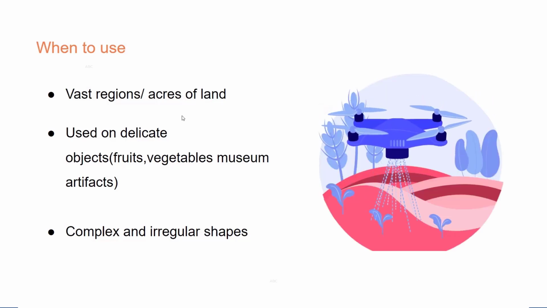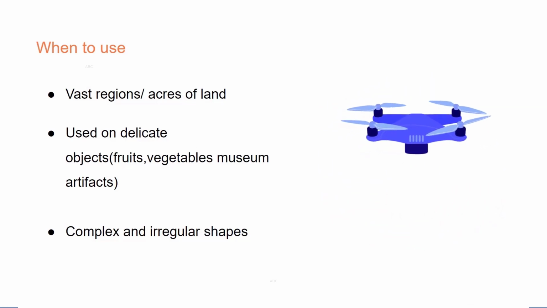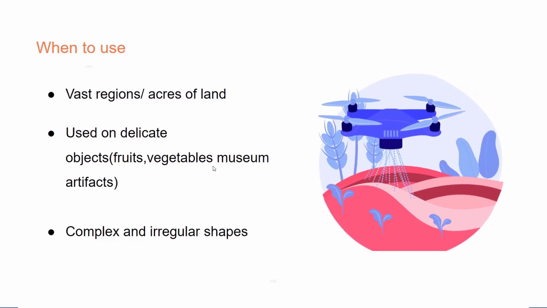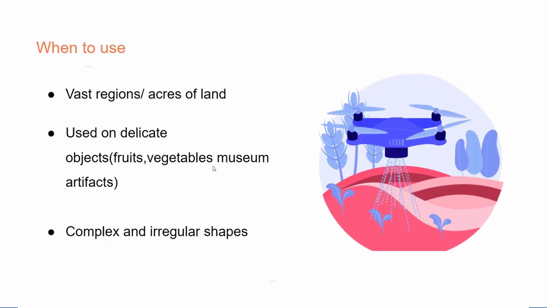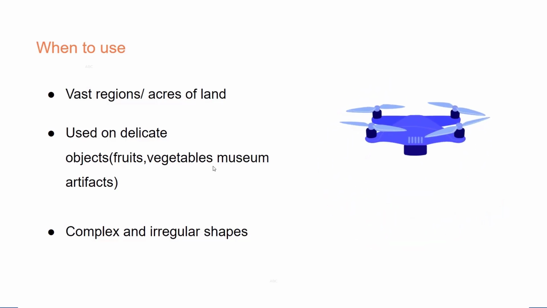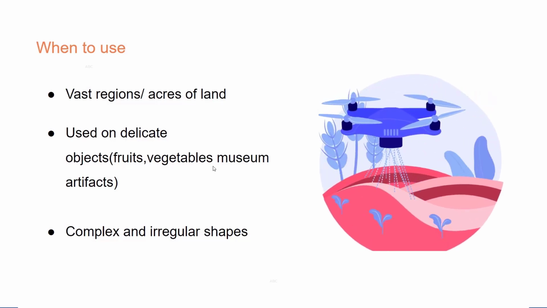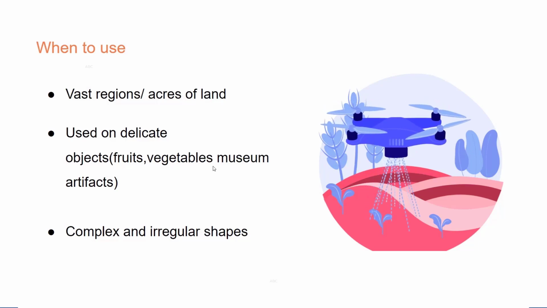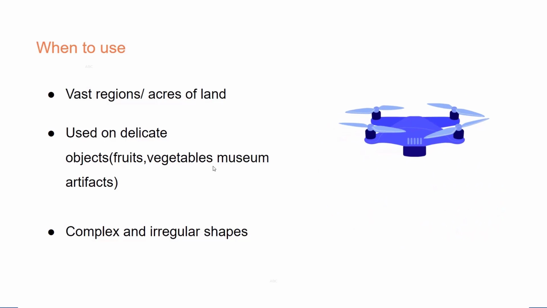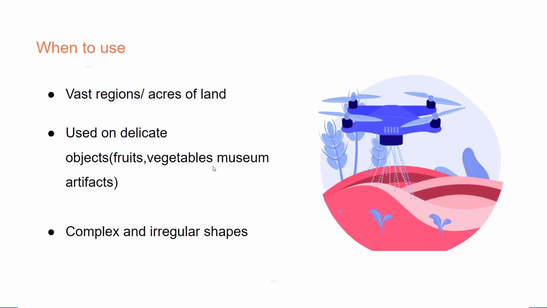Now we also have use on delicate objects like fruits, vegetables, and museum artifacts. So if you want to do photogrammetry of, let's say, some fruits or vegetables, usually you wouldn't want to use fruits that would get spoiled within a short time, before you are able to conduct your research or investigation on them.